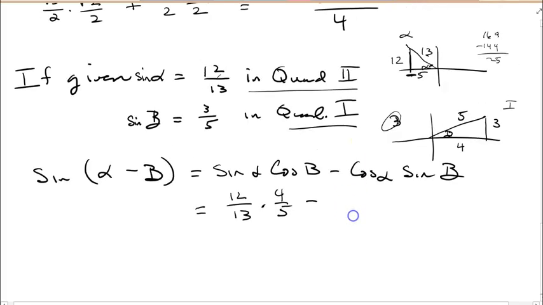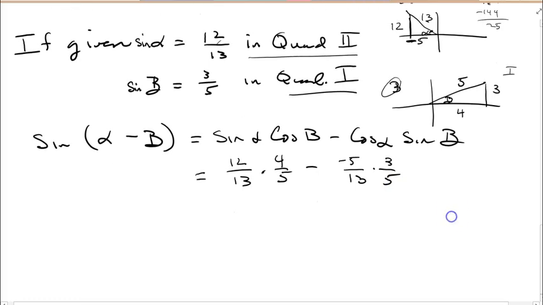Now, cosine alpha is negative 5 over 13, and sine beta is 3/5. So 12 times 4, that's 48 over 13 times 5. I'm not going to attempt that in my head because I will probably mess it up.